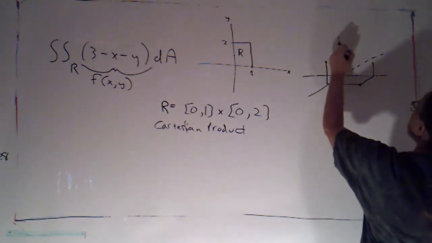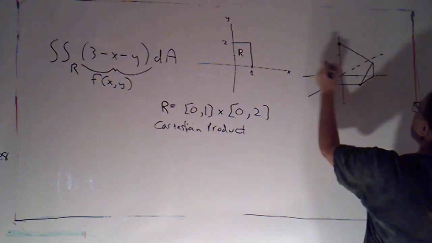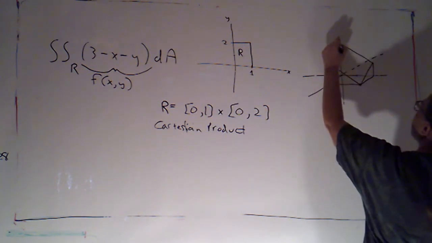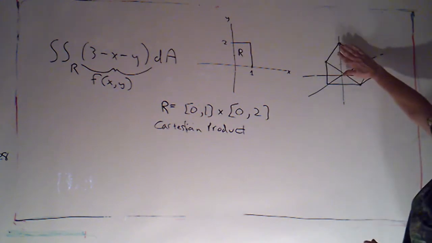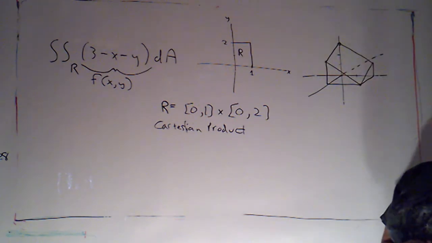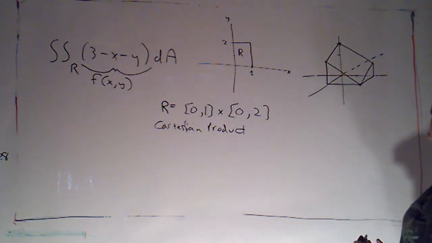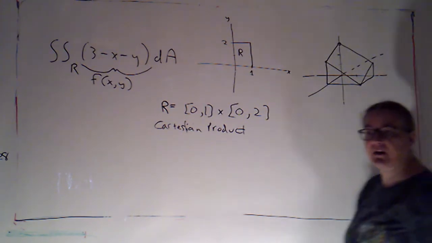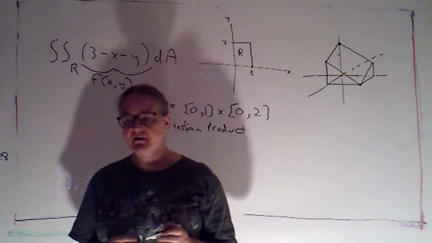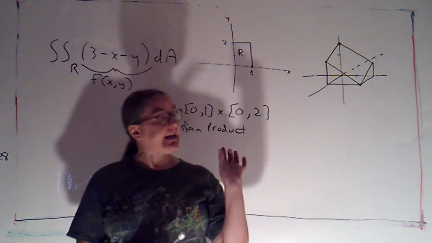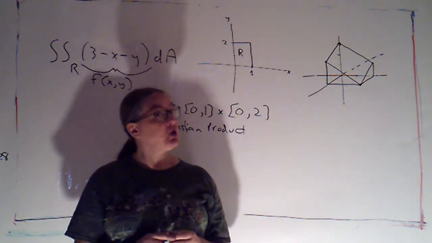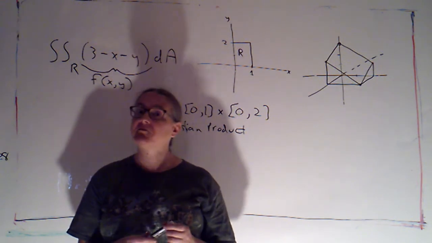And now if I just connect these points here with straight lines, I can see this is the section of the plane that I'm getting as the top of my surface. Okay, now this corresponds to actual volume because our heights are actually positive. And in first semester calculus, you learned how to calculate some volumes.